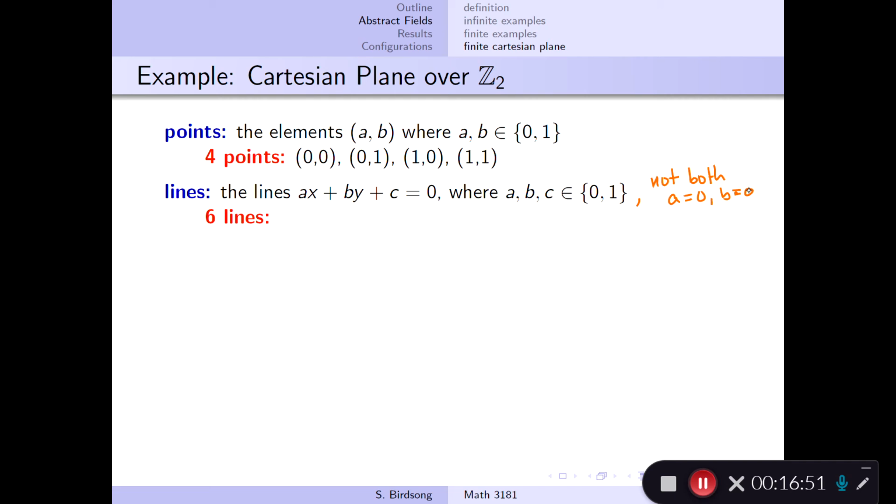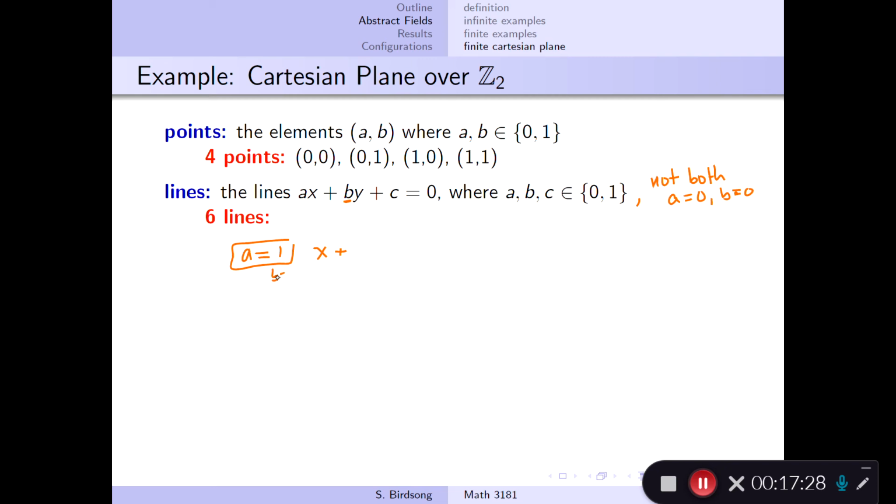So I'm going to go ahead and build them up right here, and then we'll throw them in a list once we're done. So here are our options. You could have a equaling 1. So if a equals 1, that means you're definitely going to have your x term. Now, what can happen next? Maybe you have b equals 0. Well, if b equals 0, that means the y term disappears.